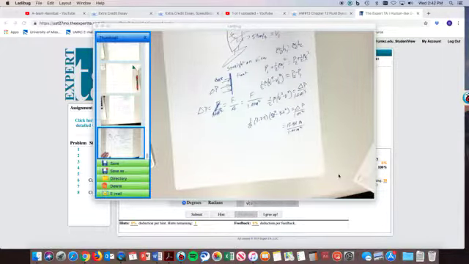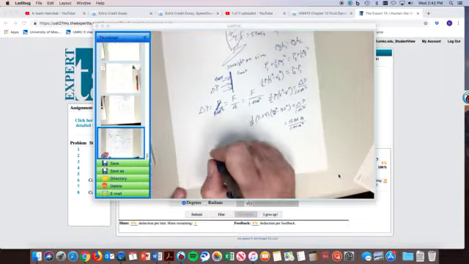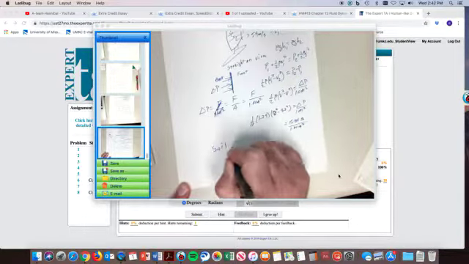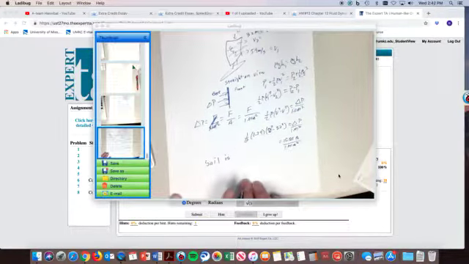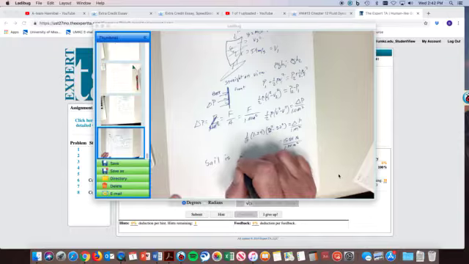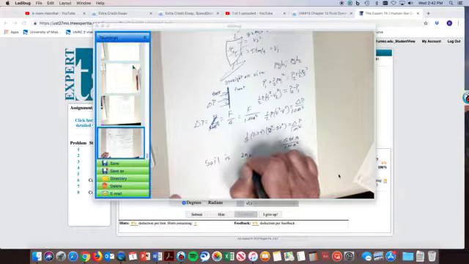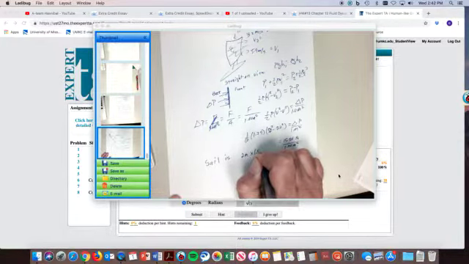Now, what if my sail is 2 meters by 1.5 meters?